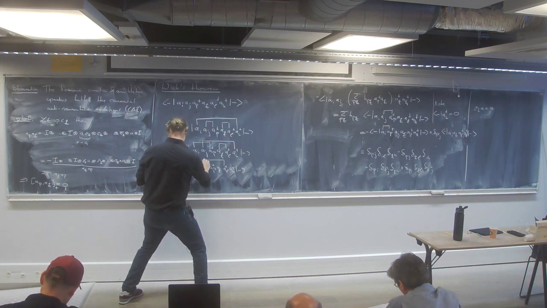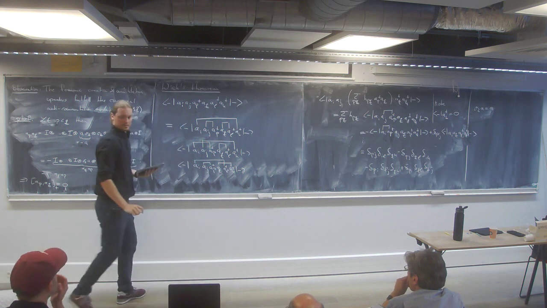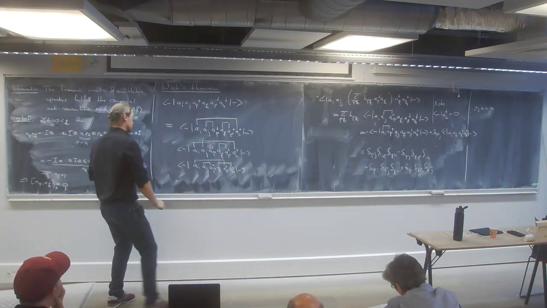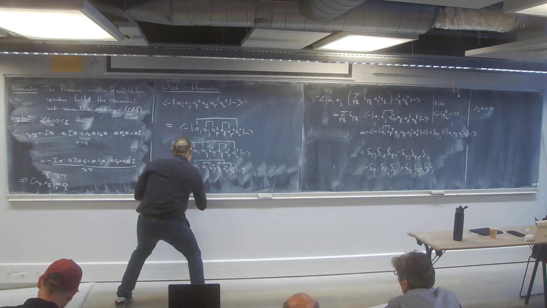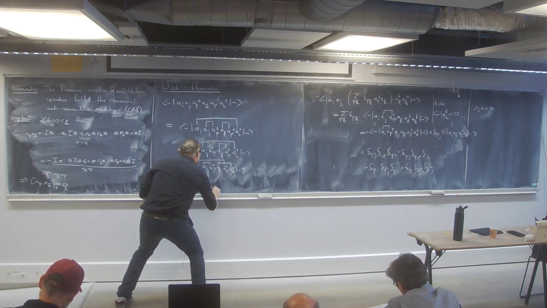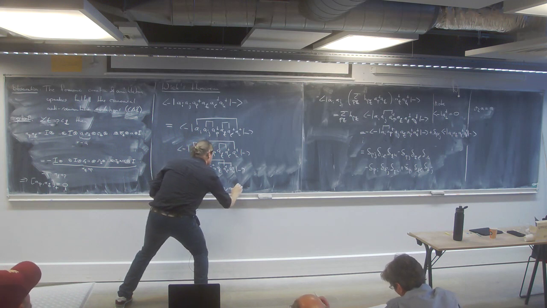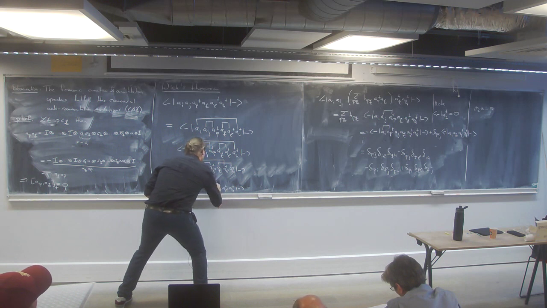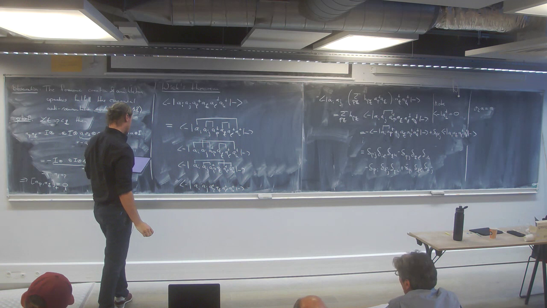I can connect these ones, and I can connect these ones. A_I, A_J, A_P, A_Q, A_L, A_K. So which one is missing?